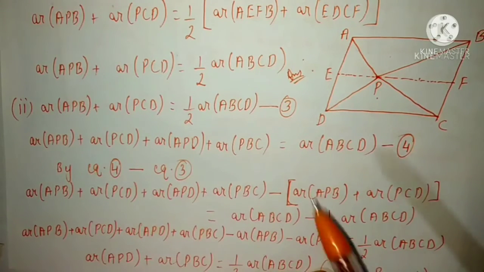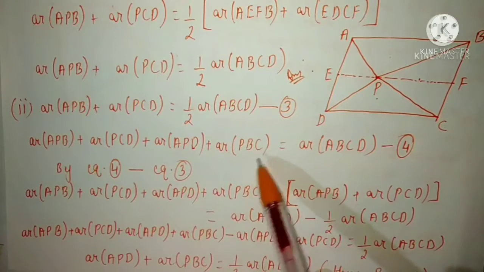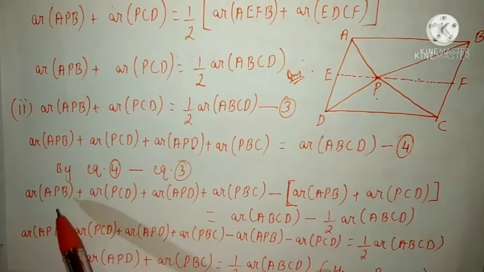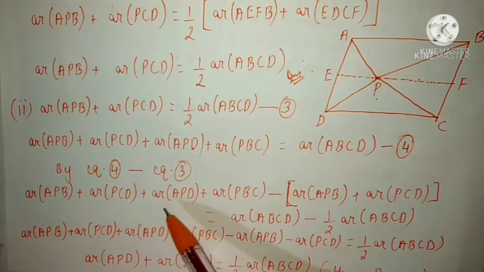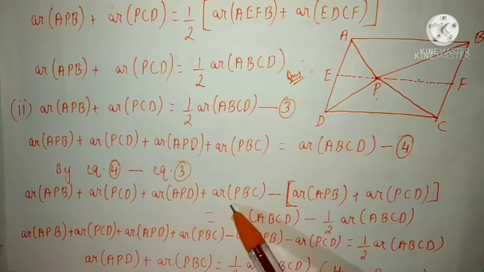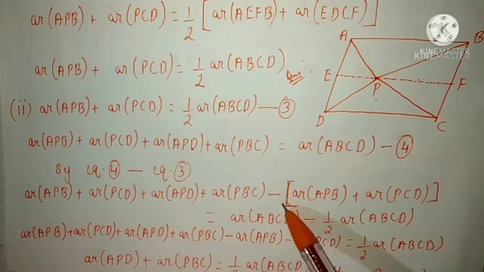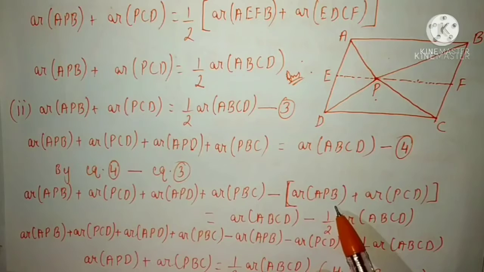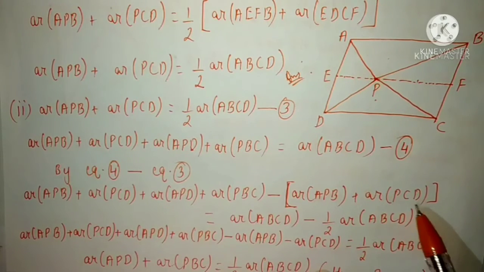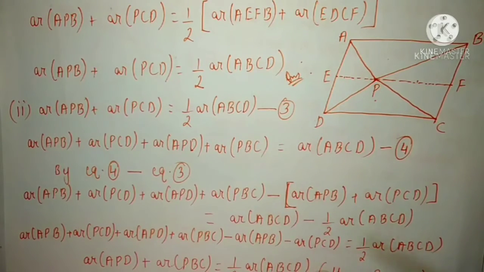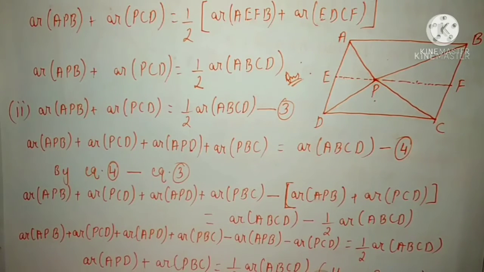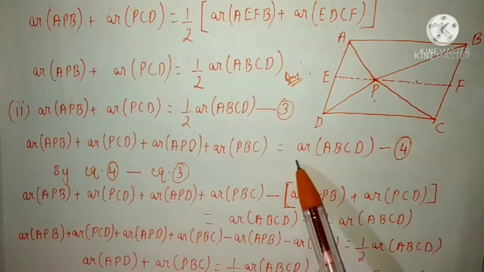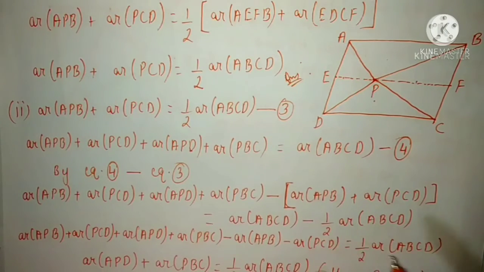Write the full equation number 4 LHS: area of APB plus area of PCD plus area of APD plus area of PBC minus the LHS of the third equation, area of APB plus area of PCD, in brackets. Then is equal to, now subtract the RHS of both equations. First the fourth one: area of ABCD minus half of area of ABCD.